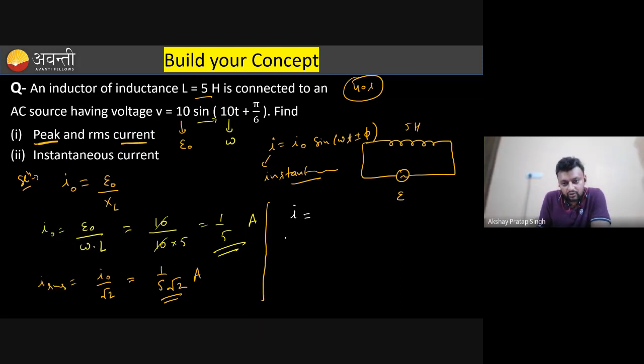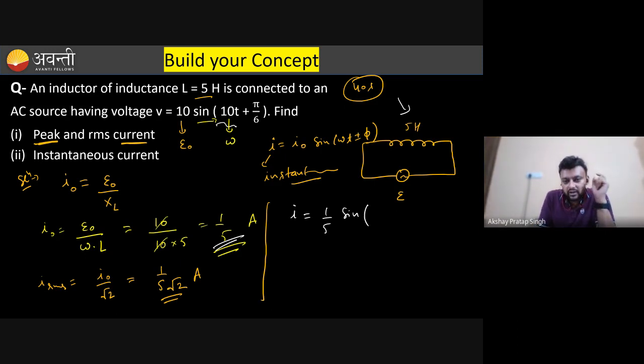And I hope you can also write. I is equals to I naught. So what is I naught here? Can you see I naught is 1 by 5. 1 by 5 sine omega t plus minus phi. What is the phase difference? This is a purely inductive circuit. In an inductive circuit, current lags behind by pi by 2.